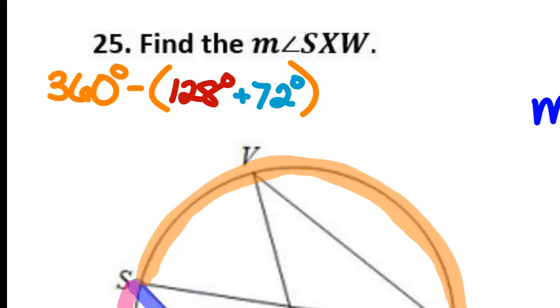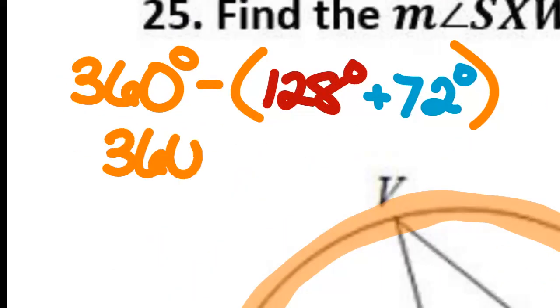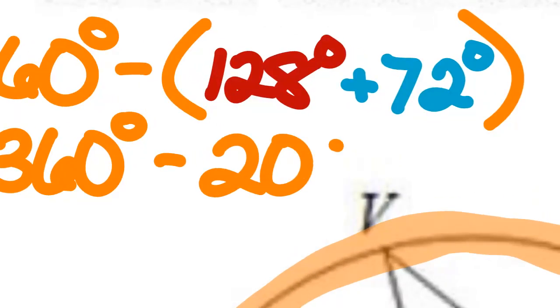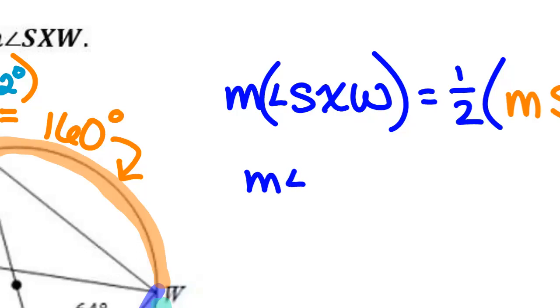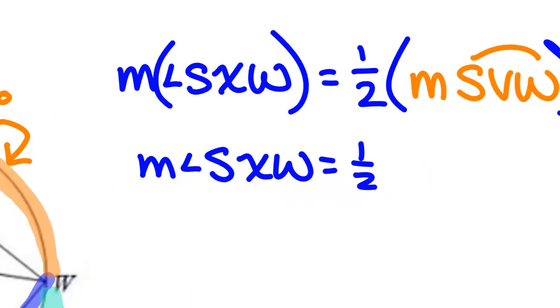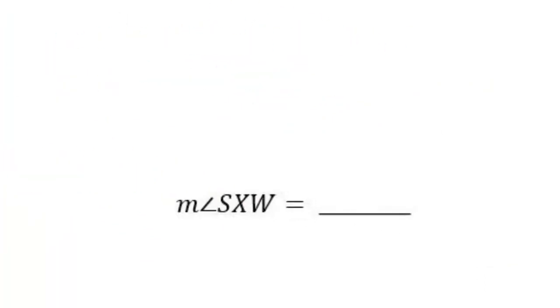What is 128 plus 72? 200. And what is 360 minus 200? 160. So this arc here is 160 degrees. So the measurement of angle SXW is half of 160 degrees. Well, what's half of 160? 80.